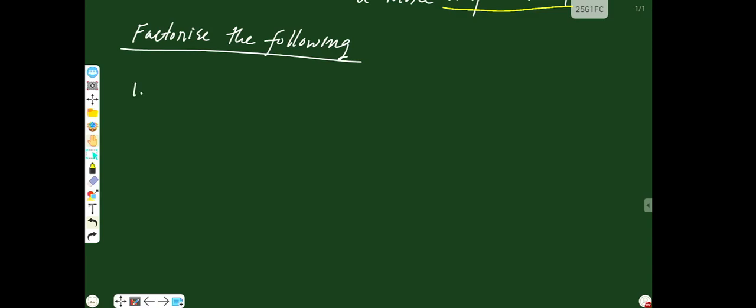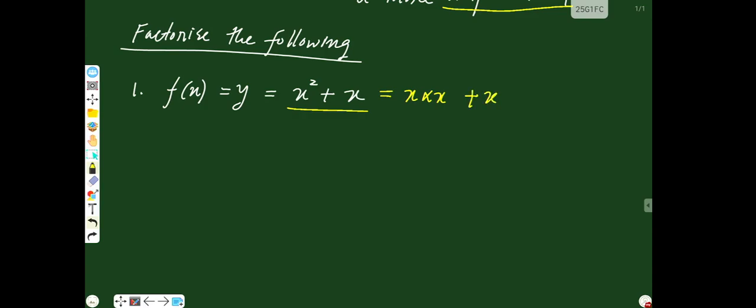So the first one, f(x), or you can say y, is equal to x squared plus x. So here you need to factorize, right? So first thing is take the common things out. So what is common here? x squared means x times x, plus x.